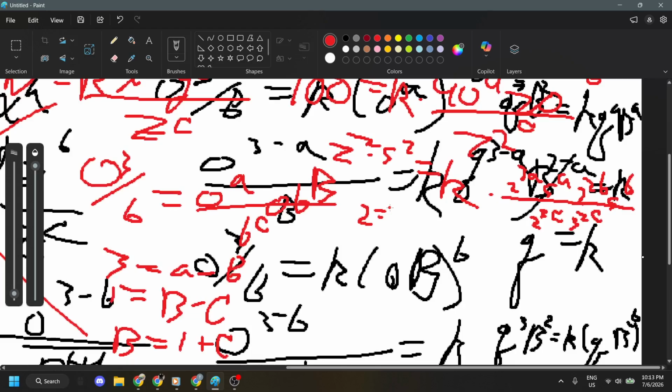What do we do with k? Let's just say k2 is the power of the number of factors of 2 in k. So 2 is equal to k2 plus 3a plus 2b minus 3c.